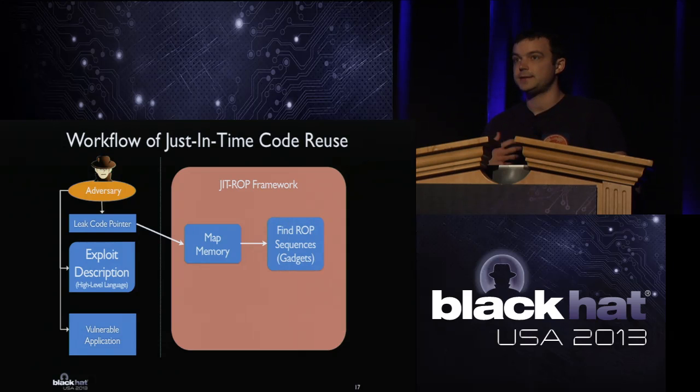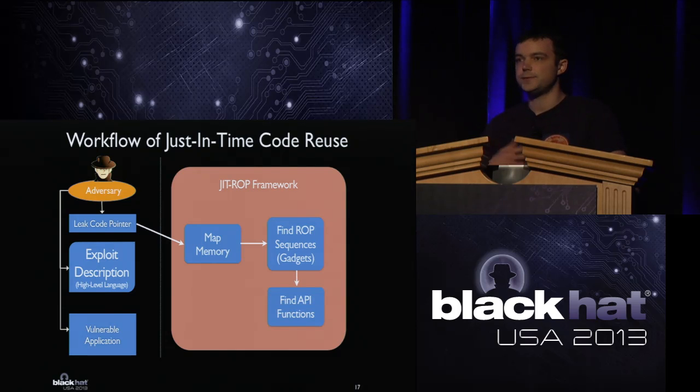Next, because fine-grained ASLR is in use, we don't know any useful information about pre-existing code sequences that we can use as ROP gadgets. We have to discover all that dynamically at runtime. And so that's the next step that JIT-ROP takes care of automatically for us.